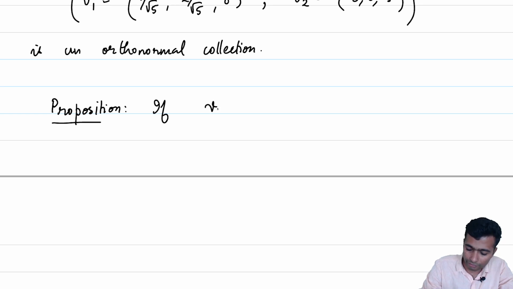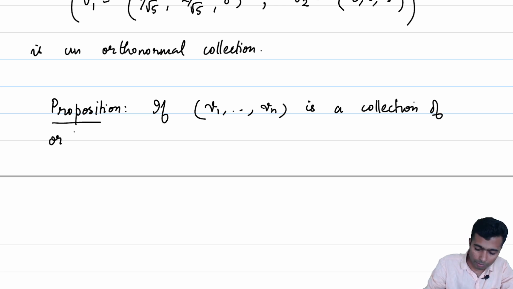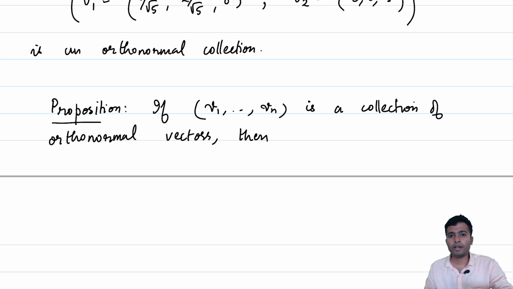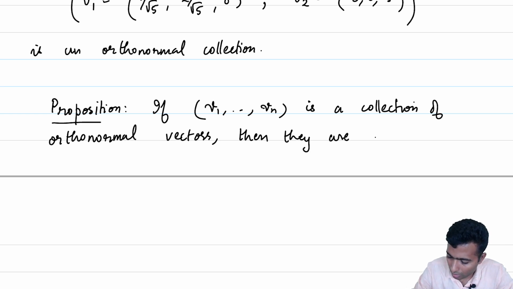If v1 to vn is a collection of orthonormal vectors, then they are linearly independent.